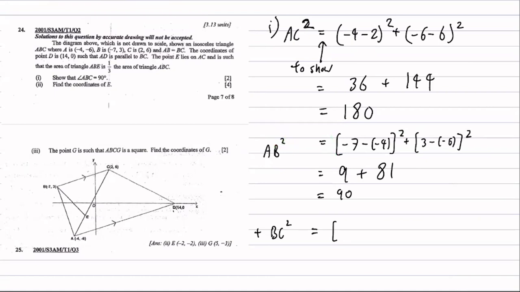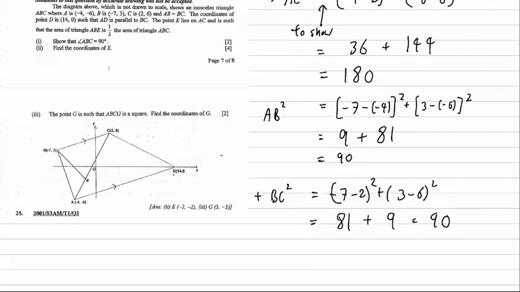Then likewise for BC square. So (-7 - 2) bracket square plus (3 - 6) bracket square. This is nothing but 9 square, 81. 3 minus 6 is -3. Square, it becomes +9. This is 90. So what you realize, AB square plus BC square is 90 plus 90, which equals 180.